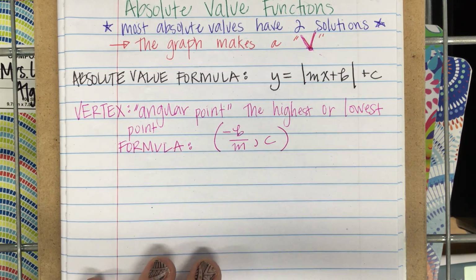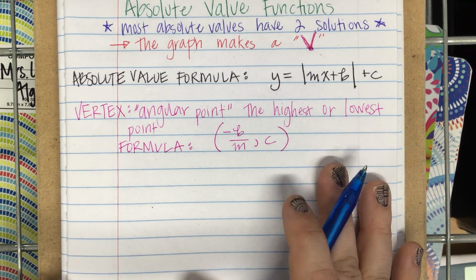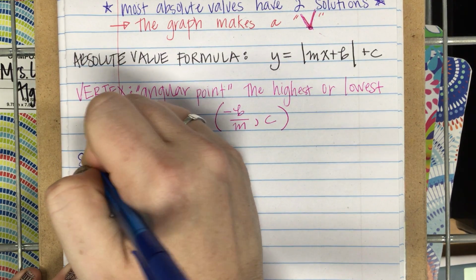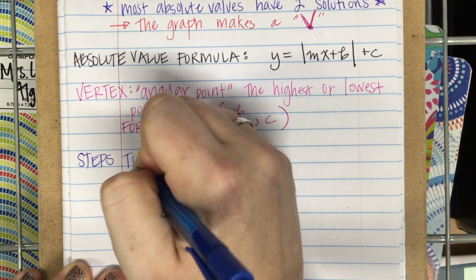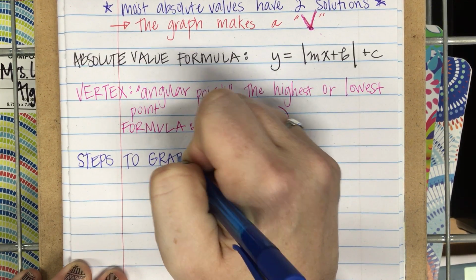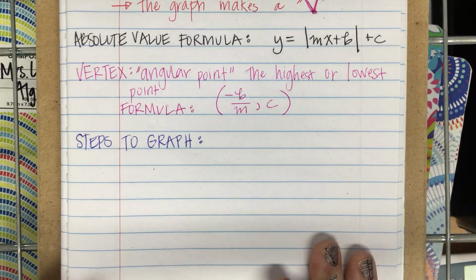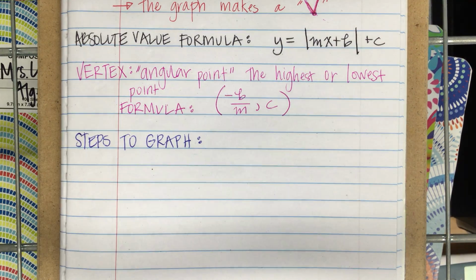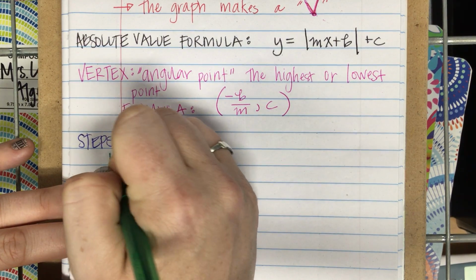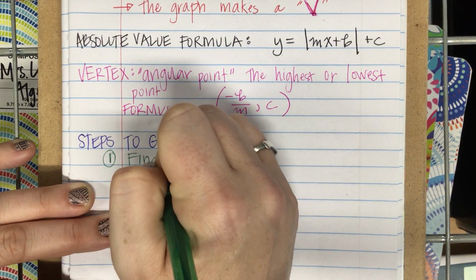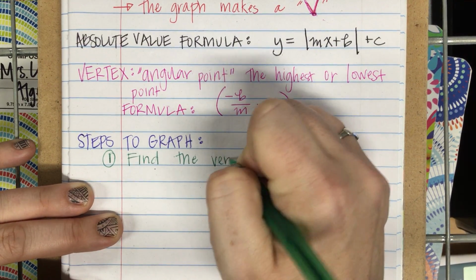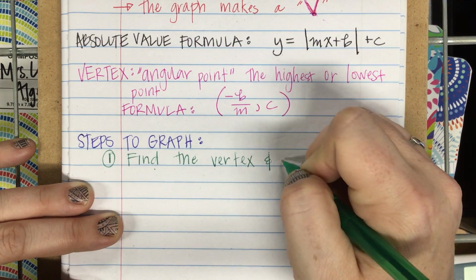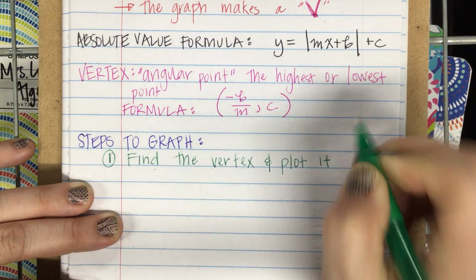Now, the graphing rules are a little wordy. I apologize. But we need those words to guide us through. So here we go, steps to graph this.